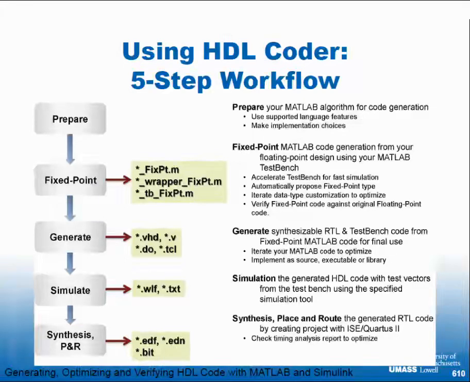So you write your algorithm, number one. Second is fixed point. If you're familiar with the MATLAB Simulink flow and implementing it on FPGAs, you know that everything has to be fixed point. The floating point just blows up the design. It takes too much space. So you always have to convert to fixed point.